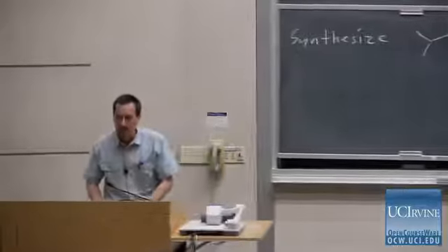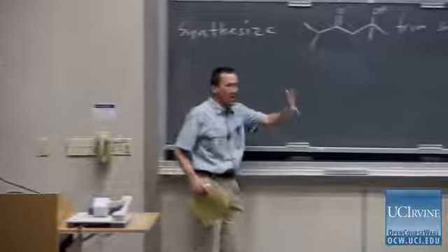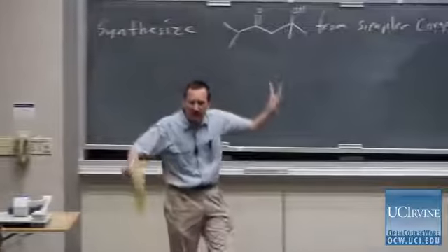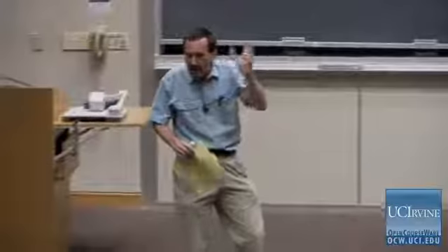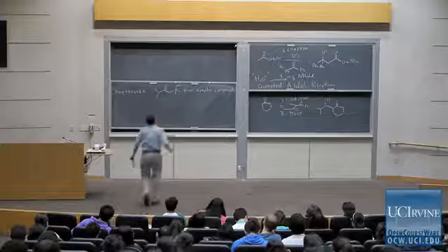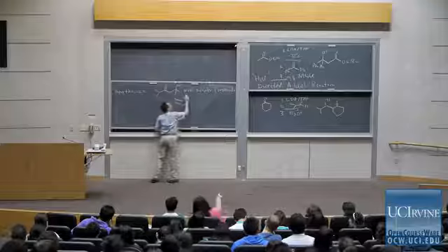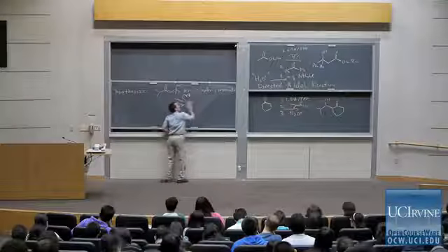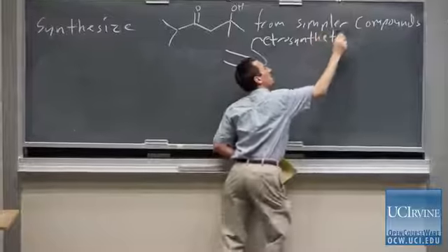Now let's focus on the thought process. And remember, the big thought process that we use, this real height of thinking, Nobel Prize winning thinking, E.J. Corey type of thinking, is the idea of thinking backwards, retrosynthetic analysis. We use this type of open arrow to show retrosynthetic analysis.